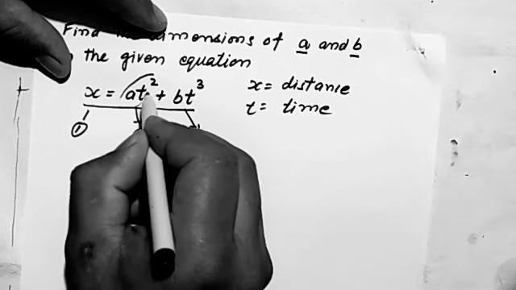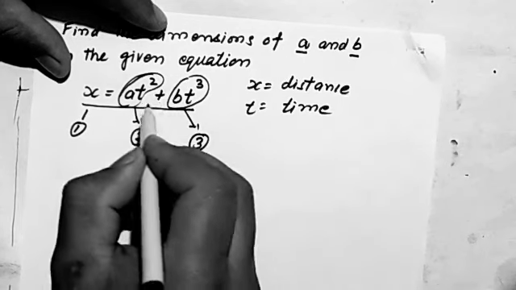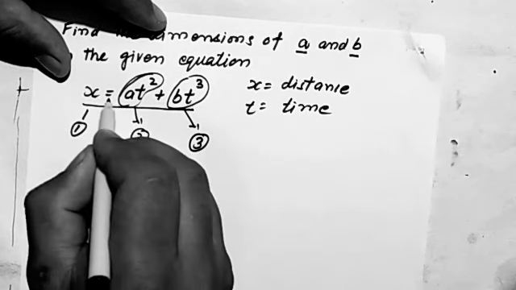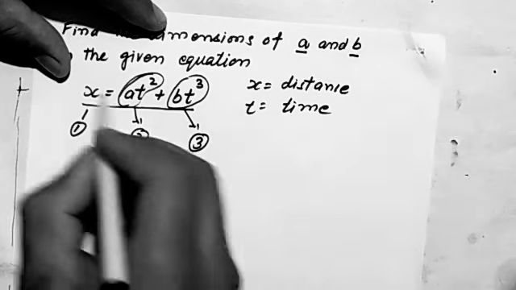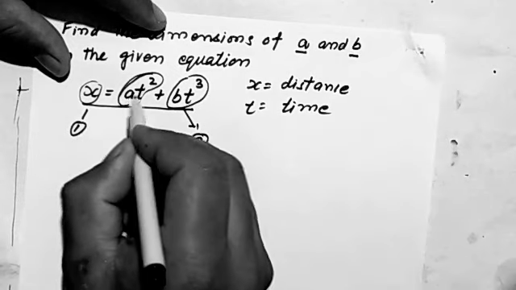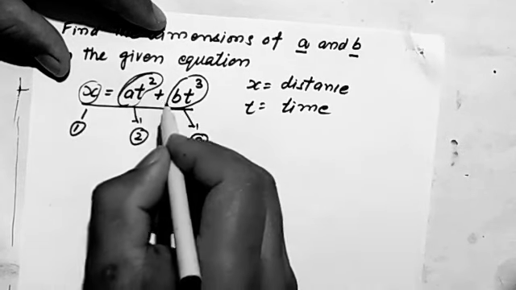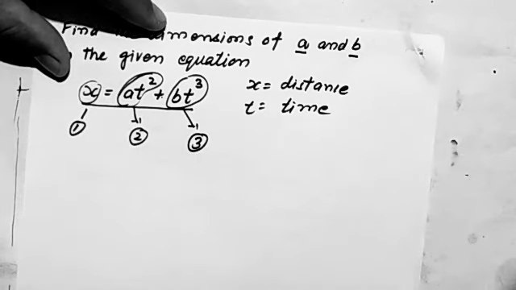The product or division of the physical quantities separated by the sign of plus or minus or equal gives you the number of terms, right? Like x equal to, that means x is a separate term. At square is a separate term because it is separated by a plus and an equal sign, right?